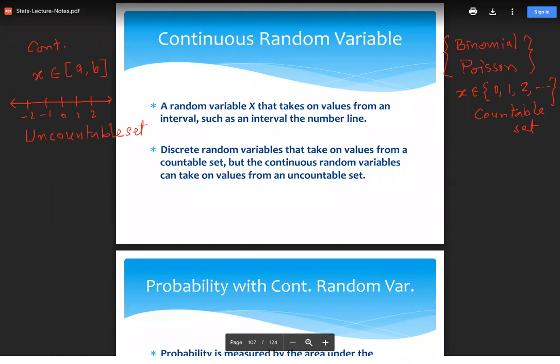So discrete is coming from countable and continuous is coming from uncountable. And just to give you an idea, any interval on the number line is uncountable. Any interval, doesn't matter how small the interval is, it's uncountable. Of course, I mean a continuous interval without any interruption.